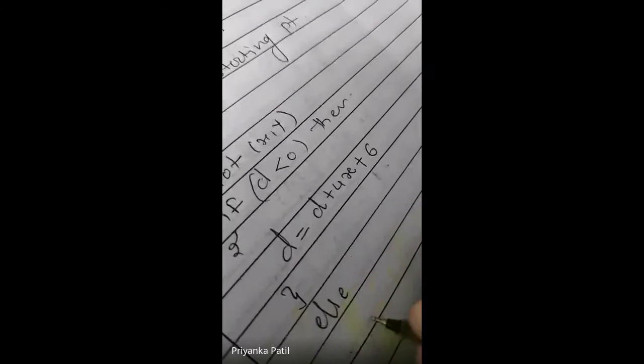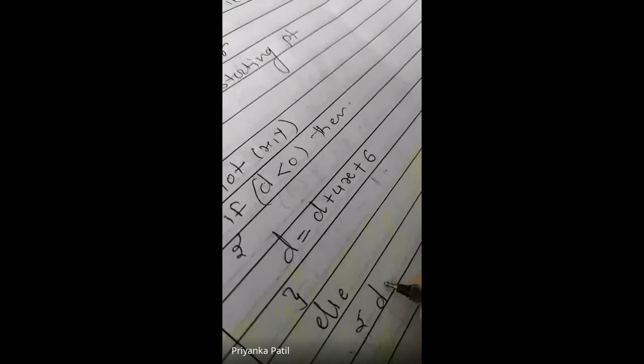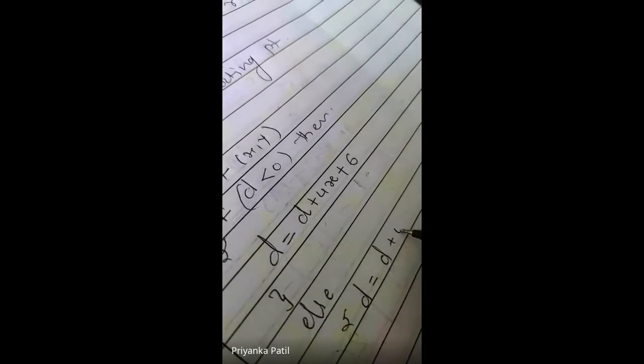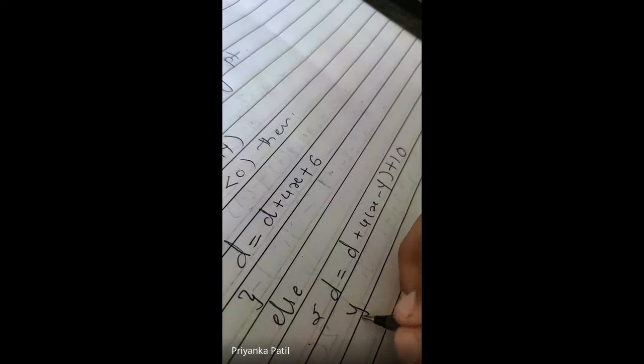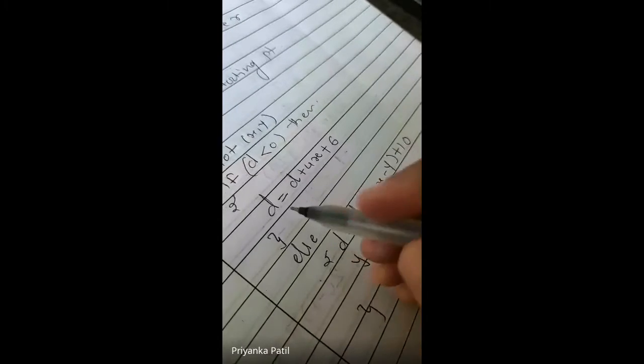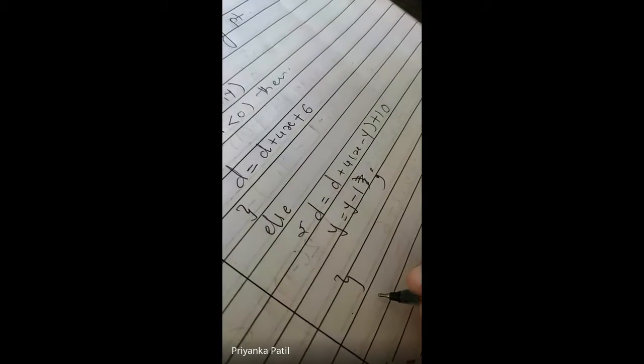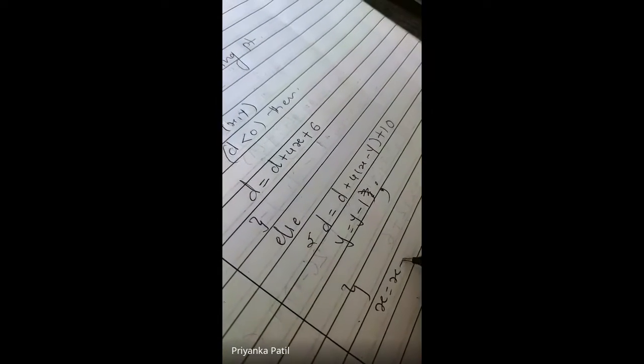Else, we calculate the new distance variable as d equal to d plus 4x minus 4y plus 10, and y is decreased by 1 unit. In both cases we increase x equal to x plus 1.